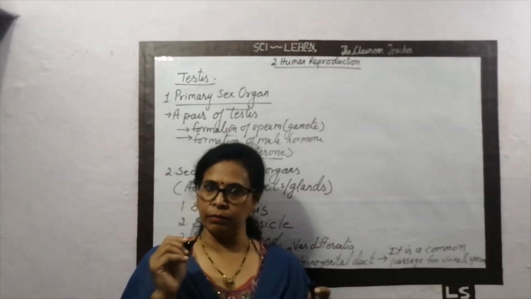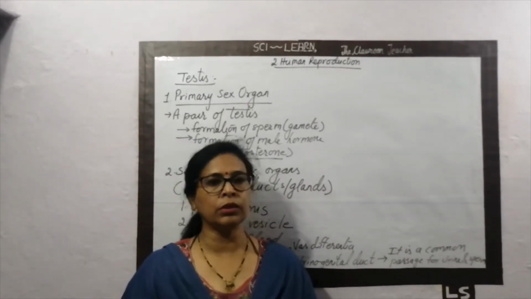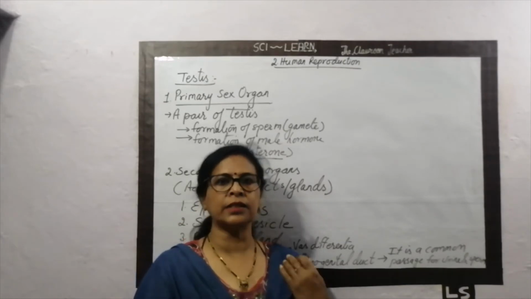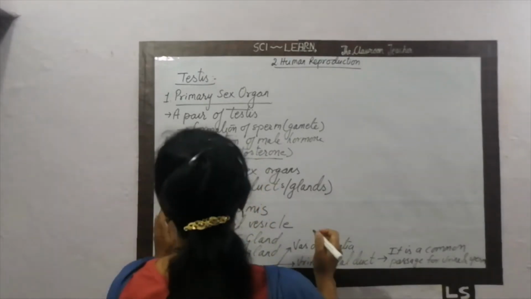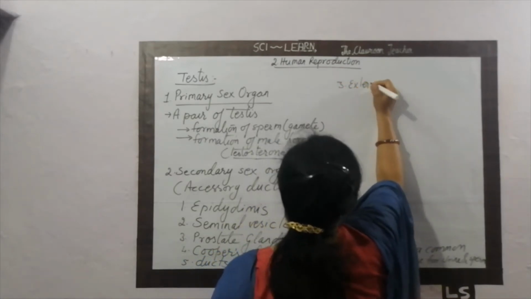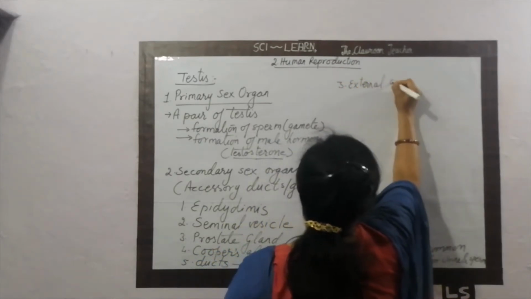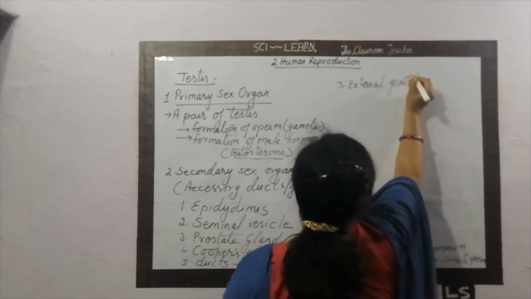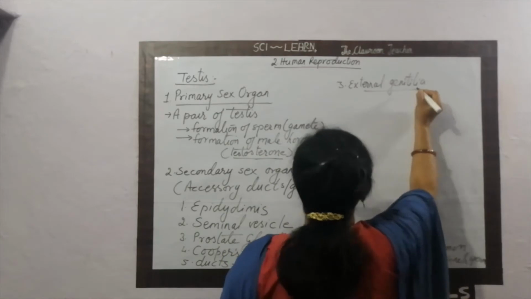Now the third important part included in this explanation is called the external genitalia.